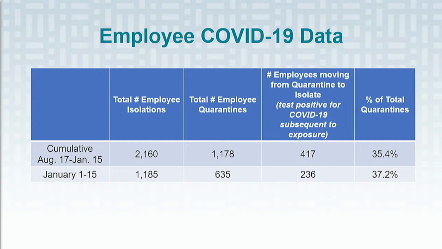That's a 37% ratio. Now remember, starting January the 16th, as long as they're not displaying symptoms, employees could be at work, even though there is, based on this data, a mid 30% likelihood they could move from quarantine to isolation.